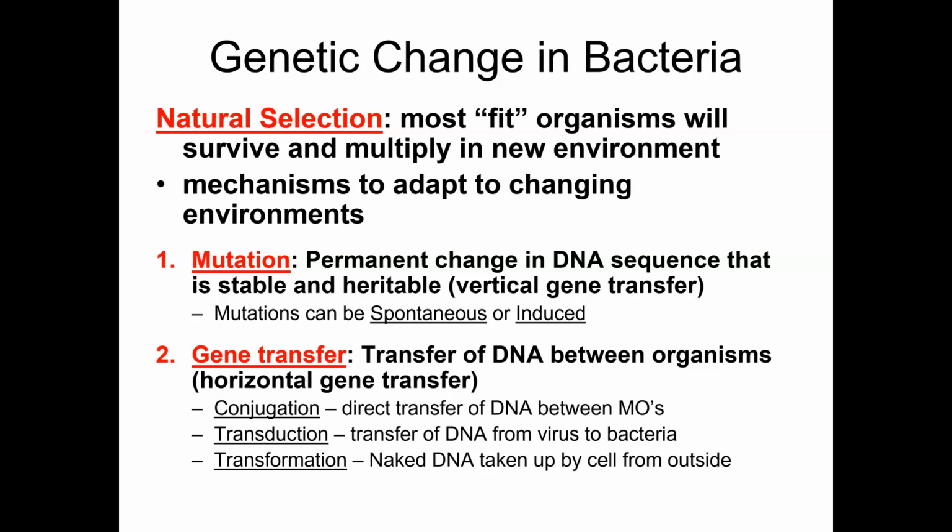Natural selection also applies to bacteria. And one of the hard things to grasp with evolution is these changes take a long time to happen, typically. Not for bacteria. You can see selection happening in much shorter periods of time. So, for instance, when I was in grad school, we did what was called metabolic engineering.